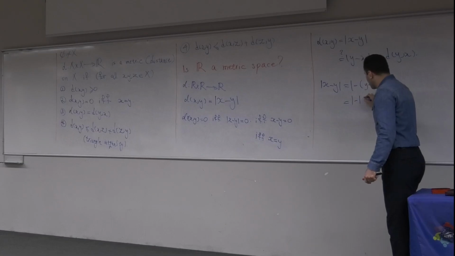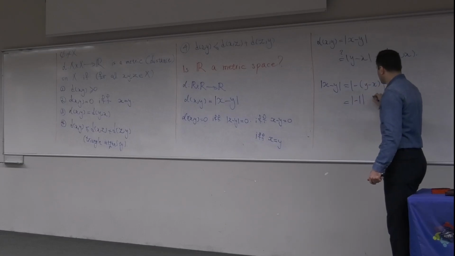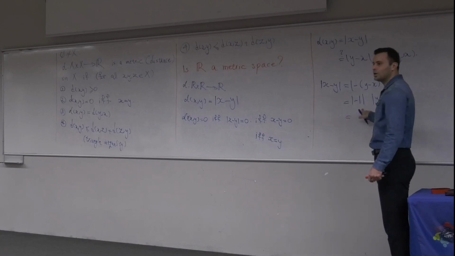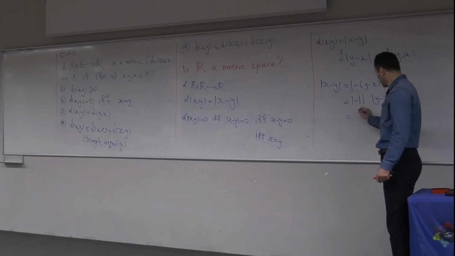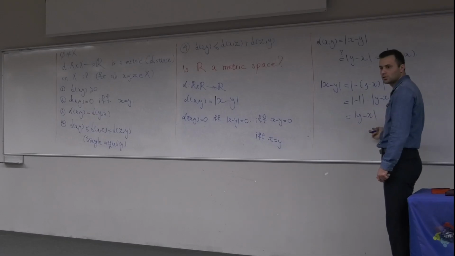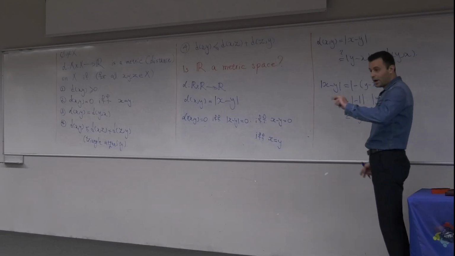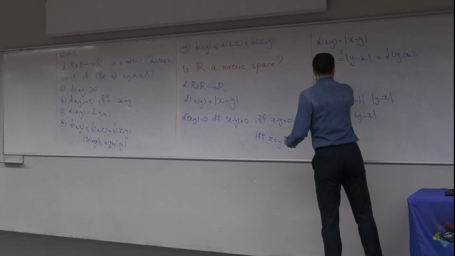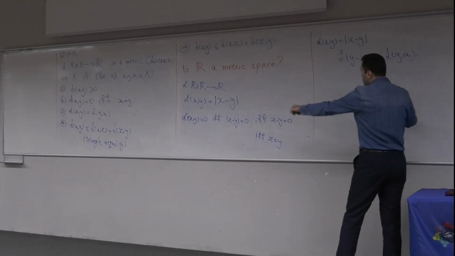So this is going to be absolute value of minus 1 multiplied by absolute value of y minus x. What is absolute value of minus 1? 1. Which when multiplied by this is y minus x. Okay? That is why it is true. Good? Now, 3 is also checked.